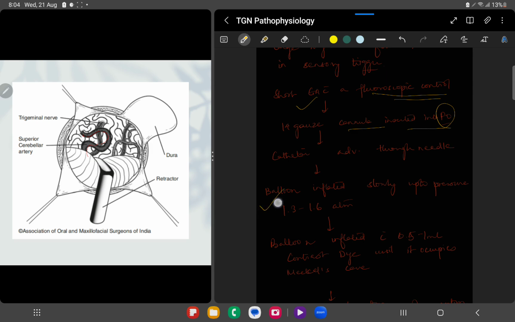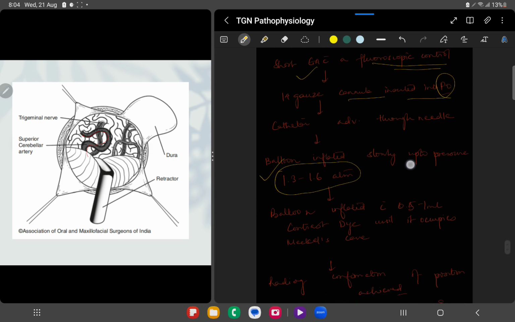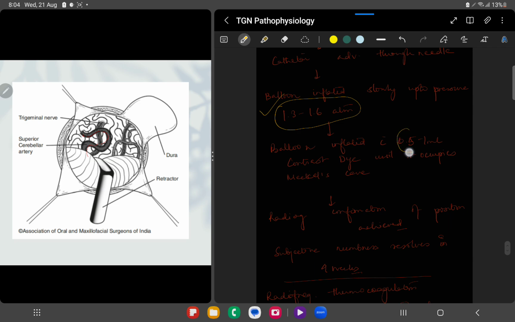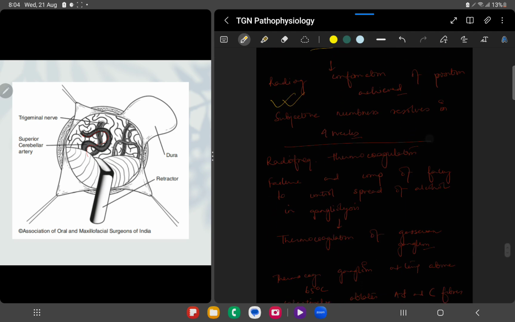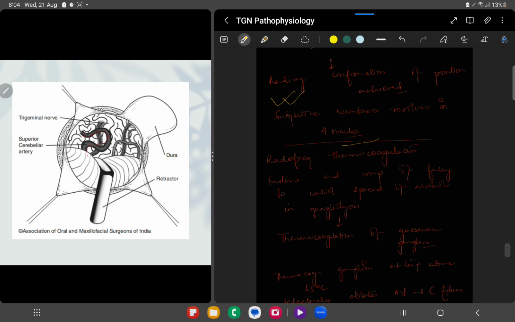The balloon is inflated to 1.3 to 1.6 atmospheric pressure with 0.5 to 1 ml of contrast dye till it occupies Meckel's cave. Radiographic confirmation of the position is done. The subjective numbness resolves in 4 weeks.